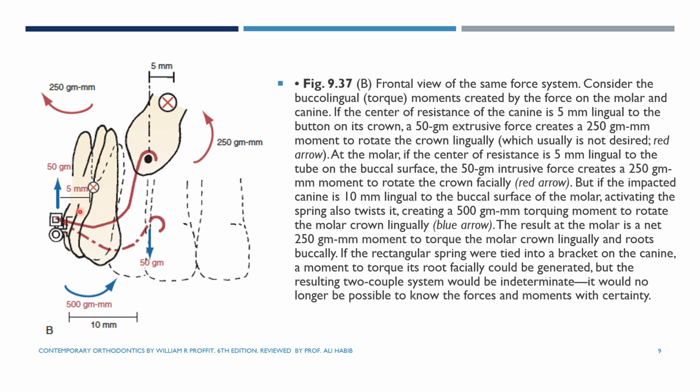So the molar will experience a clockwise moment in the amount of 250 gram millimeter, because 50 times 5. And because when we activate this, usually the canine, for example, in this example, the canine is placed in a lingual position.